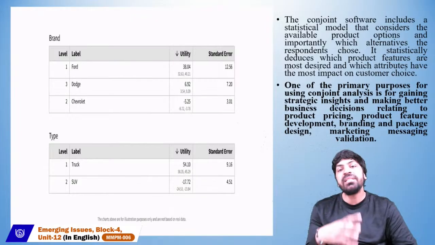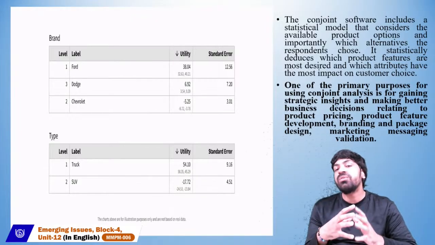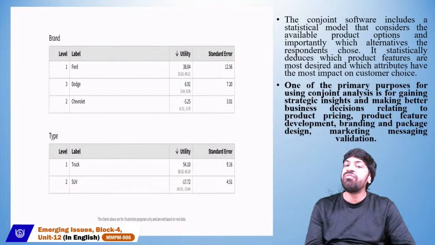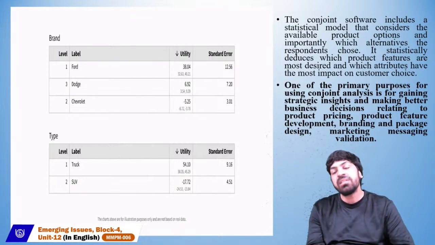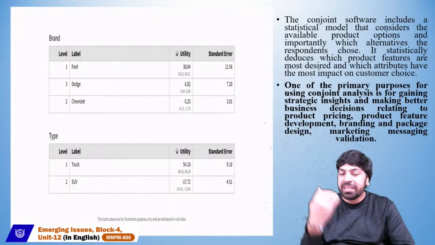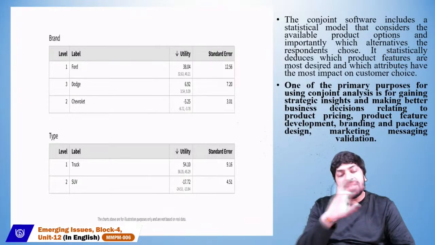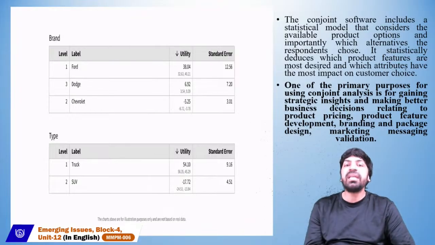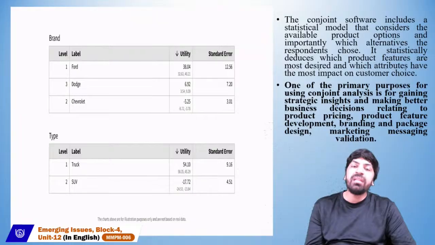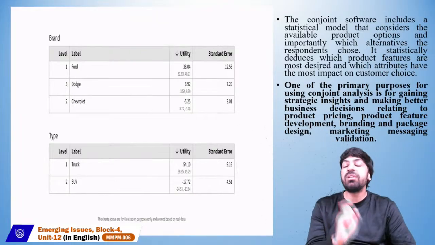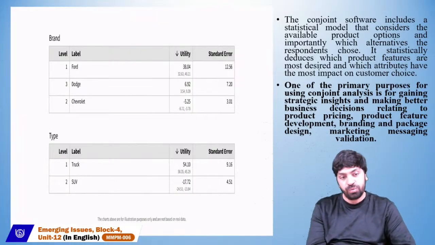So automatically the standard error is also reduced from 12.56 to 3. That means the usage of these cars or vehicles has dramatically decreased, and there is statistically a relation between the usage and the choice of the level that the consumers choose.